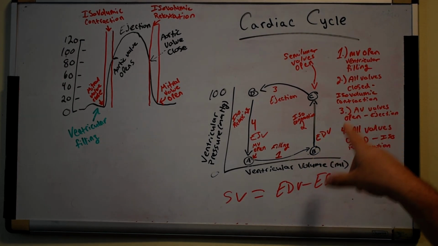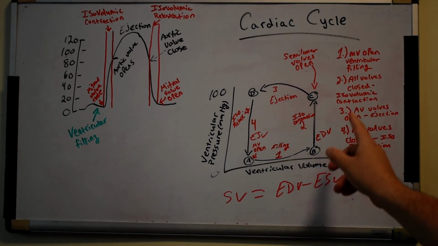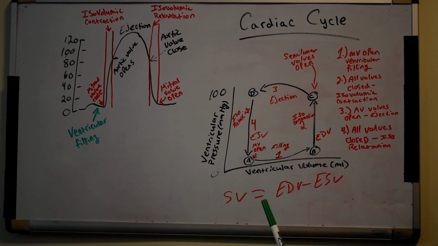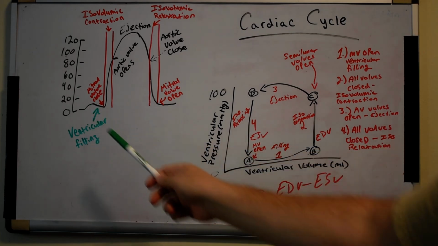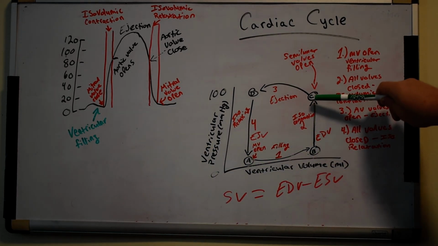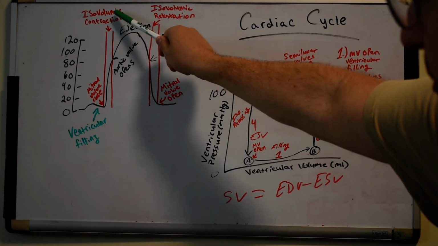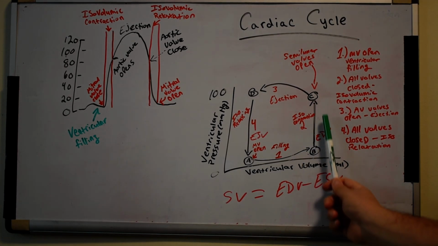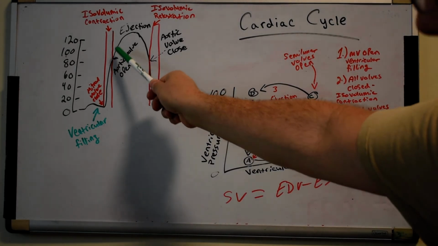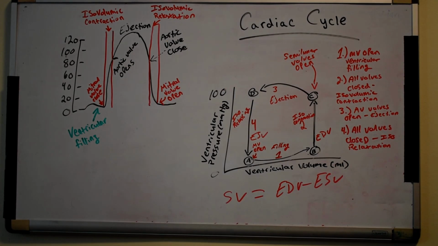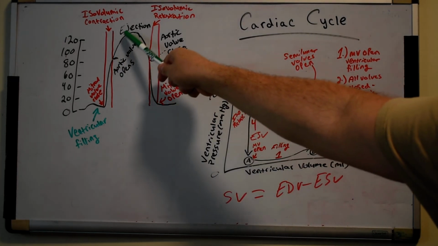Come back to the original cardiac cycle. You have ventricular filling, which occurs right here. And then you have your isovolumic contraction. All valves are closed. Here, pressure is increasing up to a certain point. Okay? Then the aortic and pulmonic valves open, causing ejection.